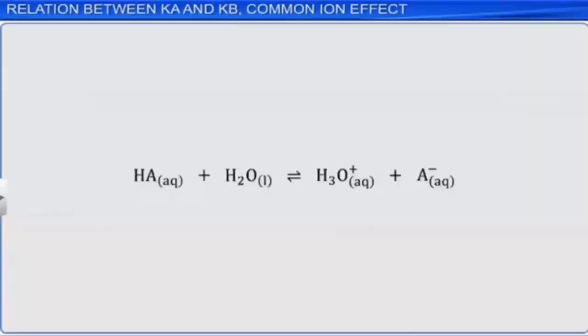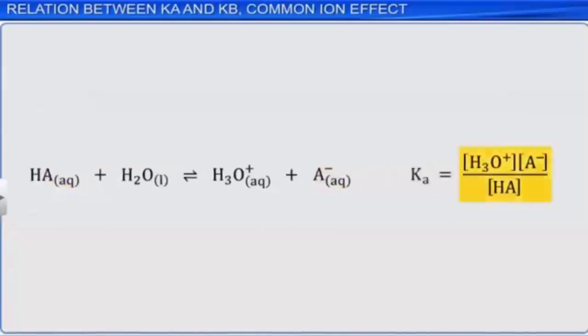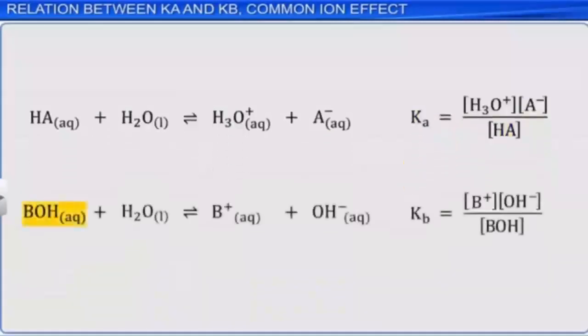You have learned that a weak acid is related to its conjugate base through the equilibrium constant expression Ka, and a base is related to its conjugate acid through the equilibrium constant expression Kb, as the conjugate acid-base pairs are related through the equilibrium constants.